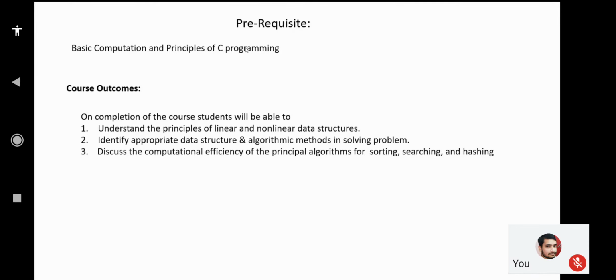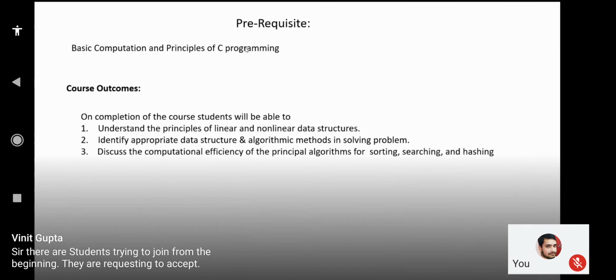Number 2, identify appropriate data structure and algorithm methods in solving problems. So the basic objective is to solve a problem. Suppose P is a problem.